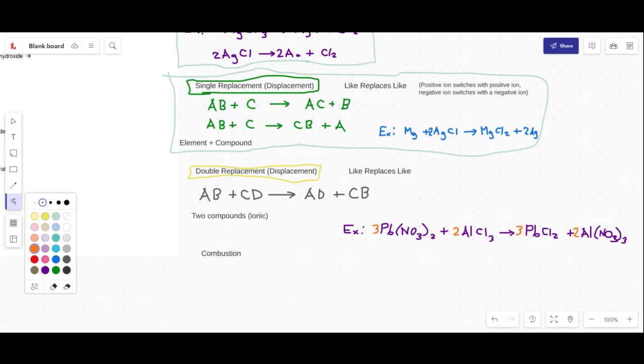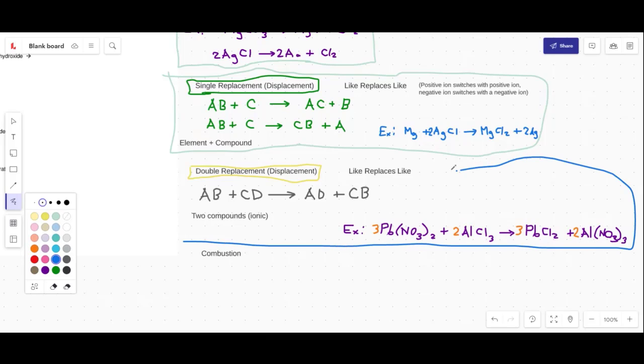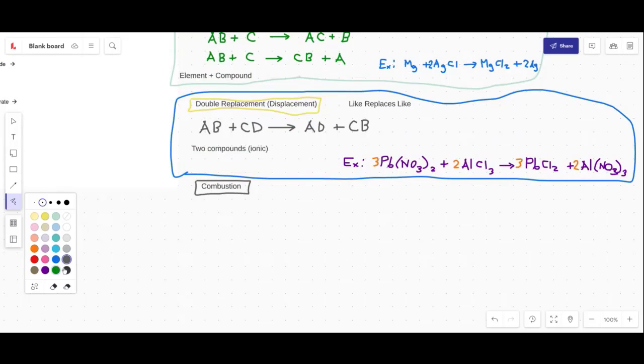All right. And so now I'm going to go ahead and put a big circle around this one as well. All right. So now we have combustion. So here's our combustion. This is the last type that you need to know.